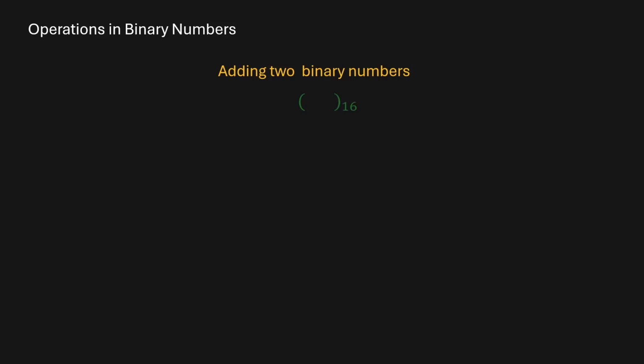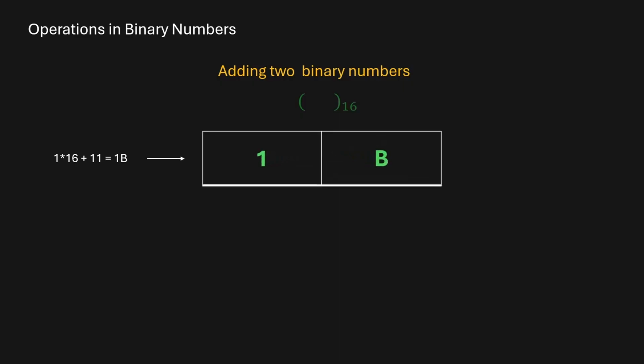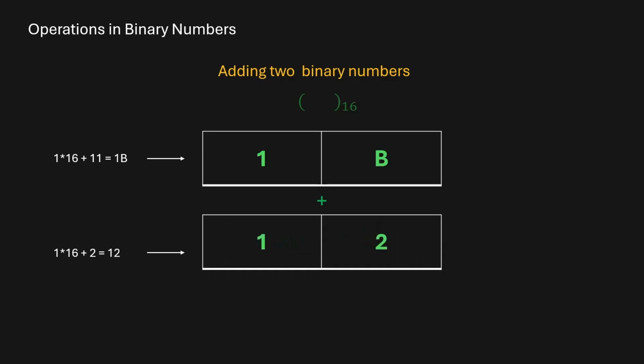Now let's take the same numbers and convert them to base 16. In that case, the representation of 27 in base 16 is 1B, because we have one 16 and eleven ones. The number 18, since it has one 16 and two ones, is represented as 12.